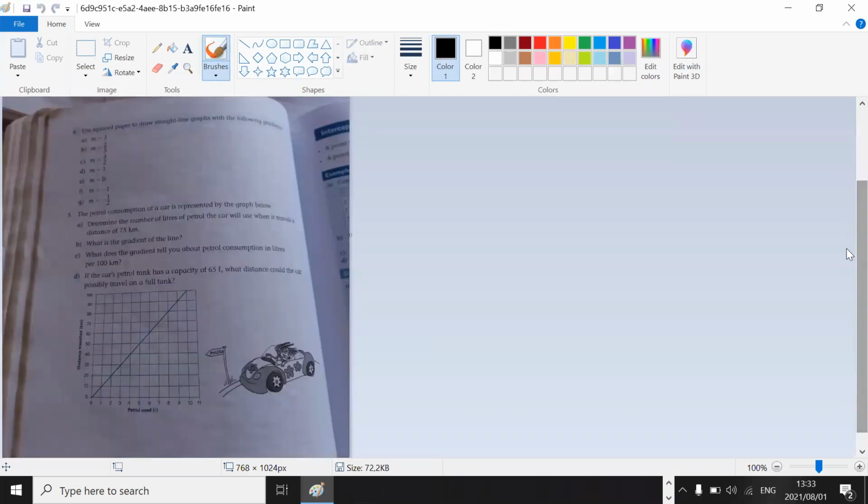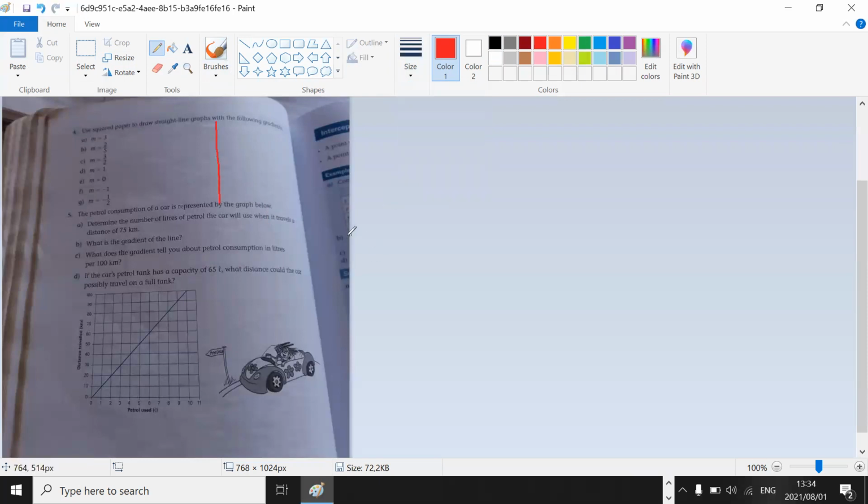All right, these are other questions you sent to me. It says use a square paper to show straight line graph with the following gradient. That is simple to answer. What you're supposed to do is just to draw a Cartesian plane.